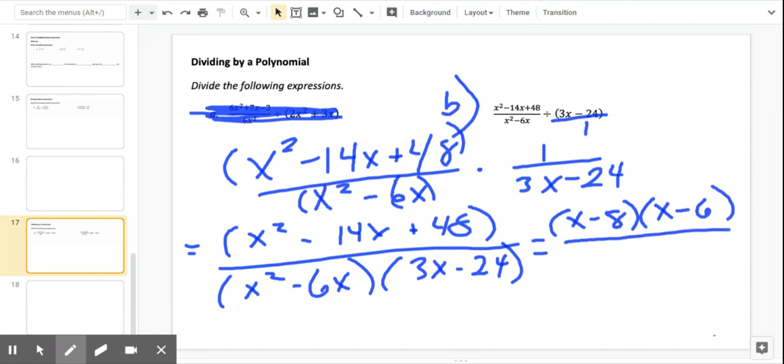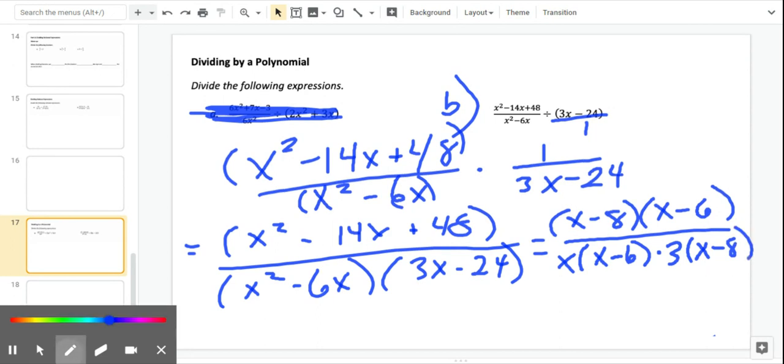And then in the denominator, this first polynomial here, I can take a GCF out of that. So we have an x squared and an x. So I will factor out an x. Then I'm left with x minus 6. And then in this second polynomial, I can factor a GCF out because 3 goes into both 3 and 24. So I can factor out a 3, and I'm left with x minus 8.